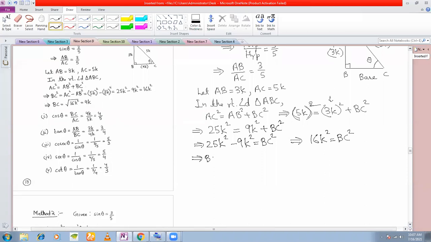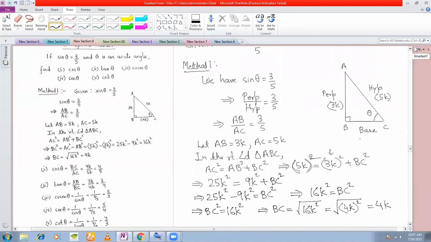That means BC square is equal to 16K square. That means BC is square root of 16K square. And this is equal to square root of 4K whole square, which is equal to 4K. So we have found out the length of this as 4K.